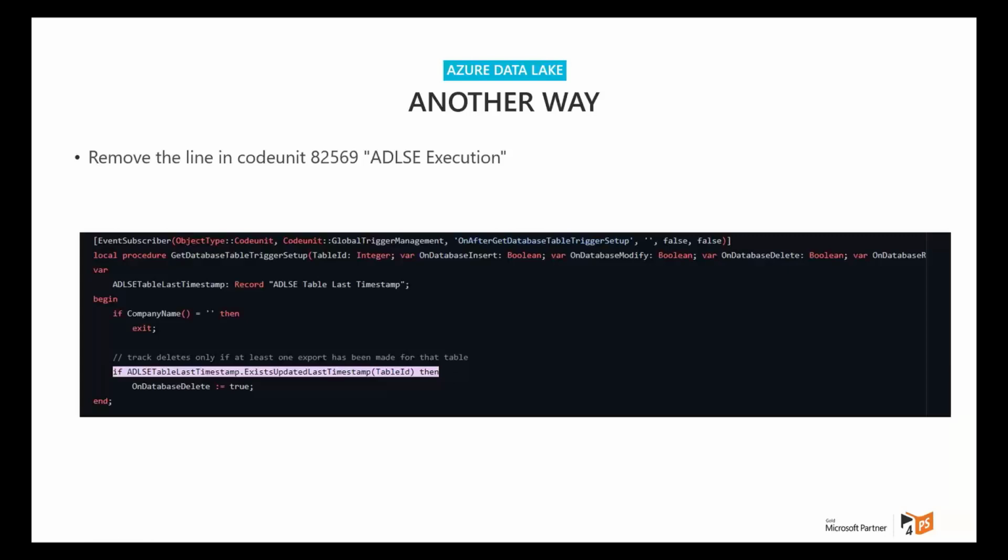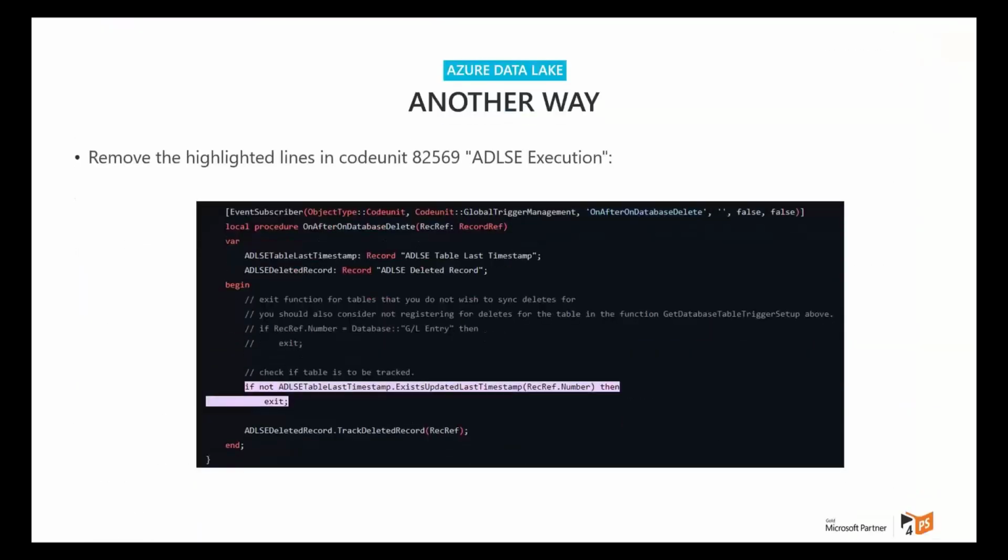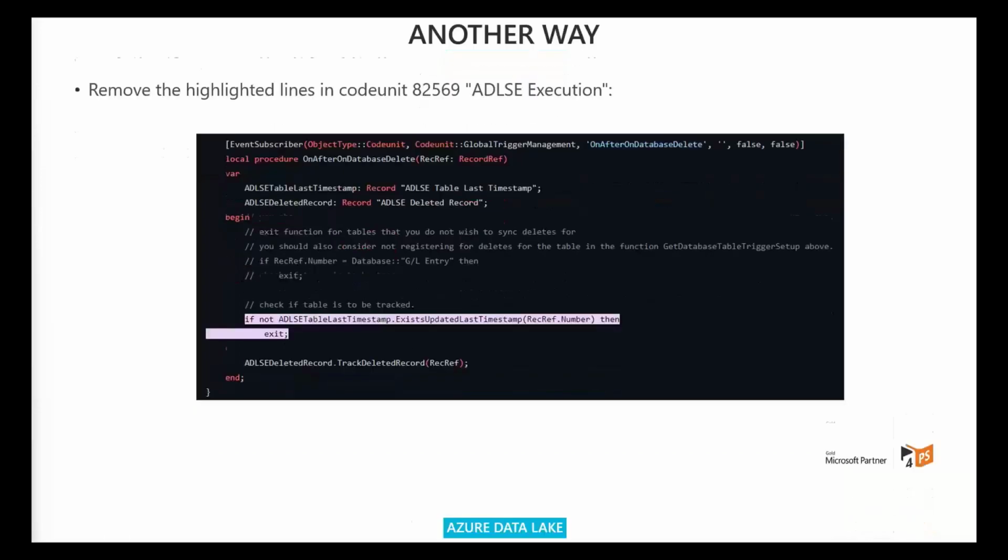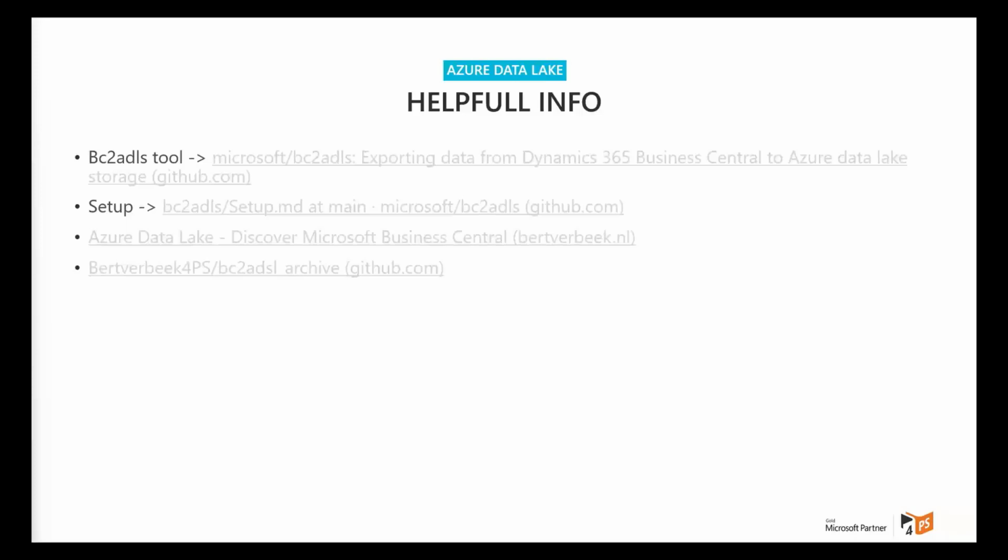It does track all the deletions, and what you need to do is also remove these lines, so it doesn't listen also to the last timestamps. So that is also a second way if you do not want to modify your BizCentral to ADL tool too much.